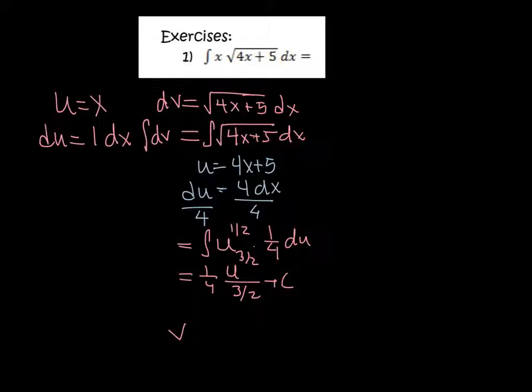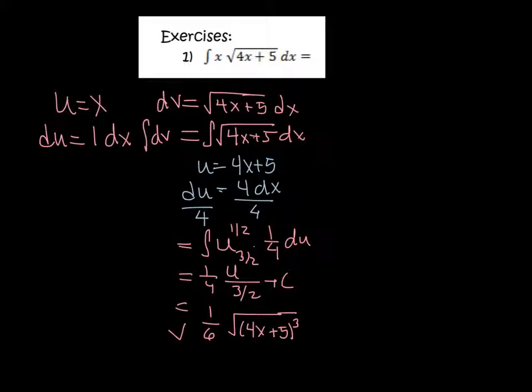If you simplify the fractions, you're going to obtain 2 over 12, which equals 1 over 6 times the square root of 4x plus 5 cubed.